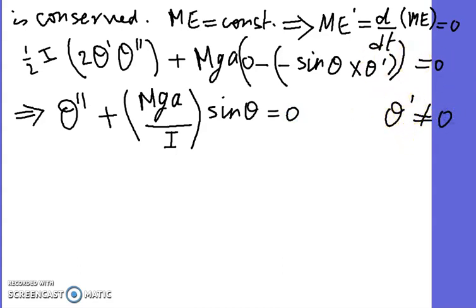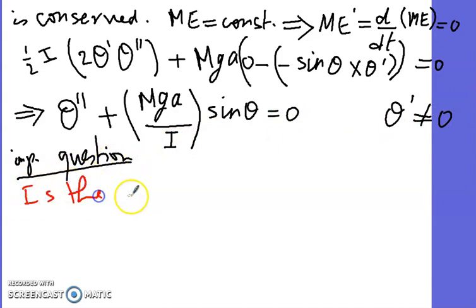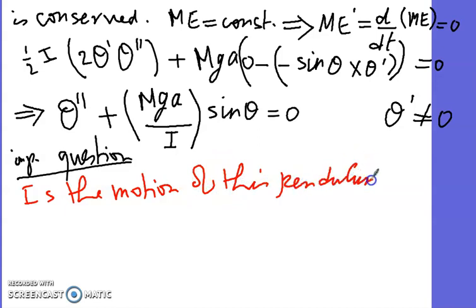Okay? So what is this? We have the function theta and its second derivative, theta double prime. But an important question here: is the motion of this pendulum simple harmonic motion?